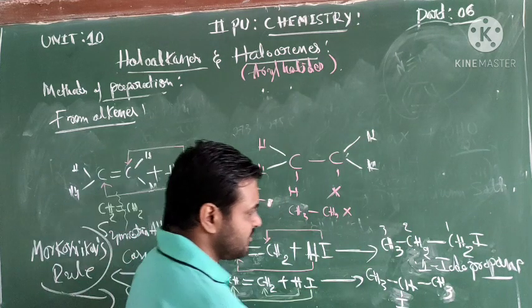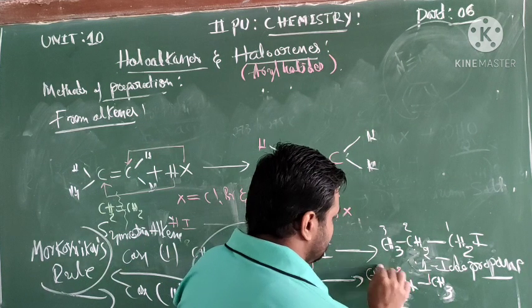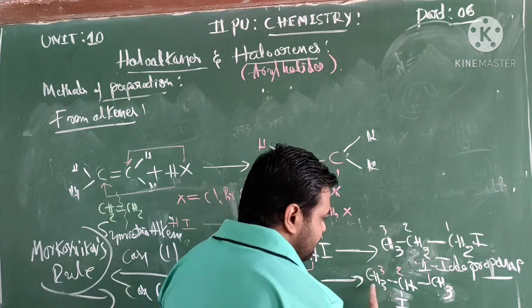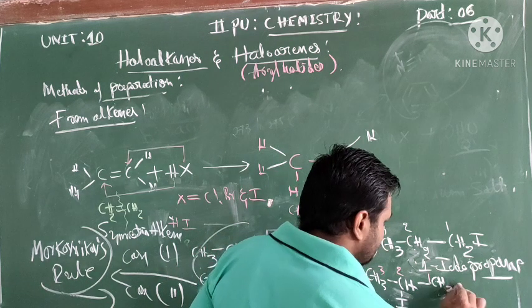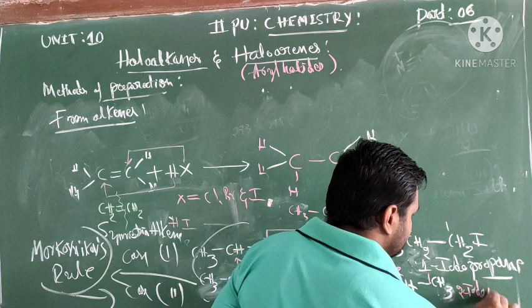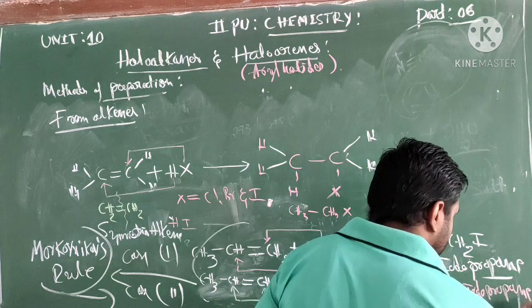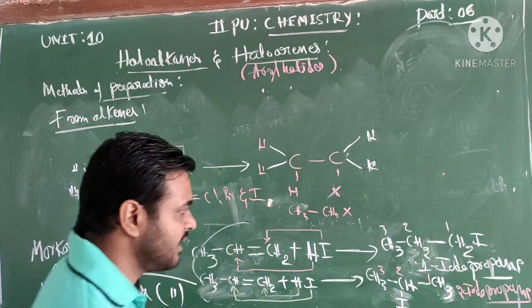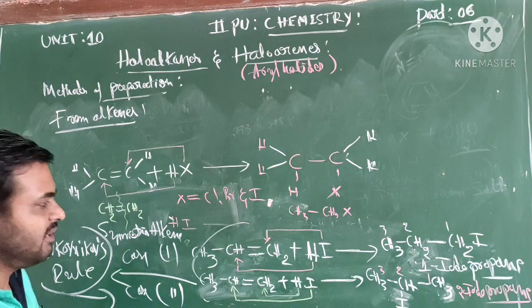So the name is 1, 2, 3. It's called what? 2-iodopropane. 2-iodopropane. Okay.